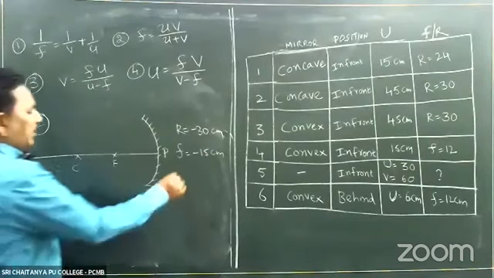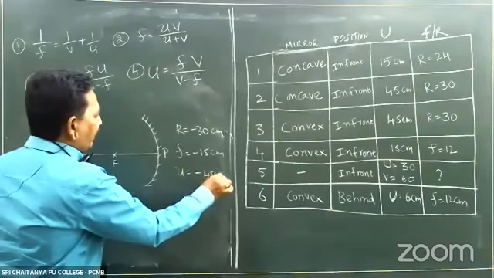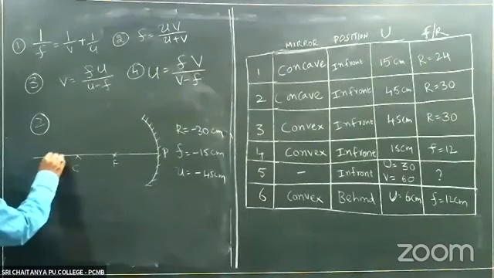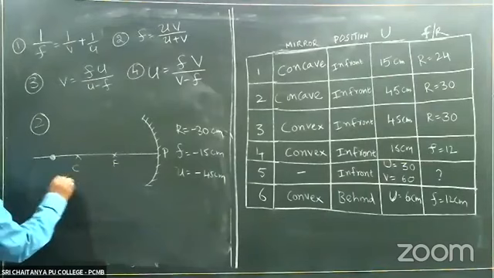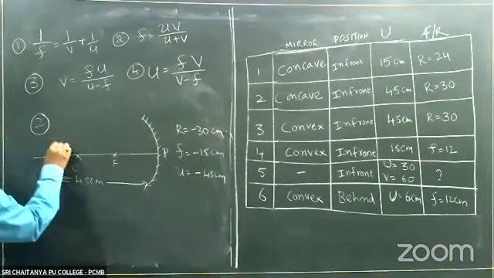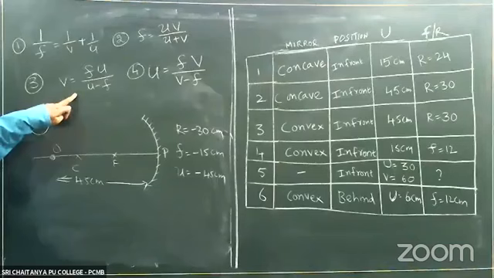U value already given. How much? Minus 45. Object is here, 45 centimeters from the pole. Substitute in this formula.